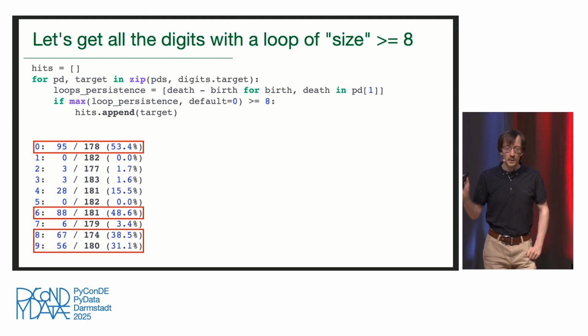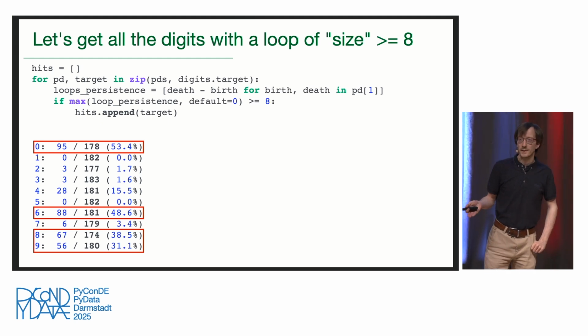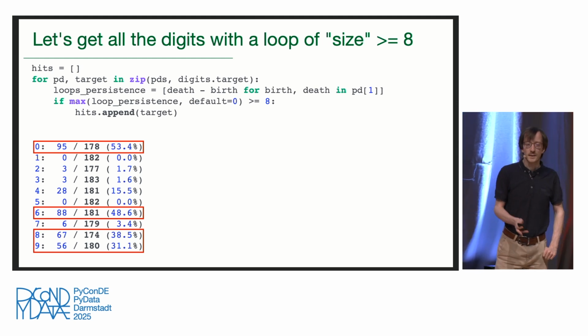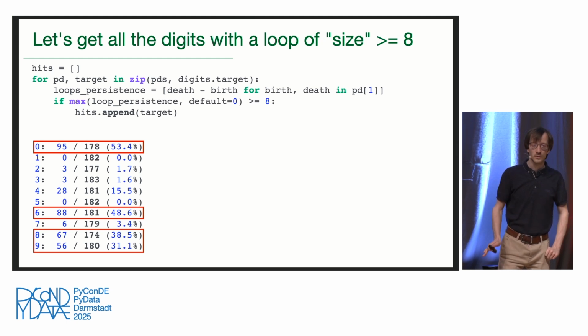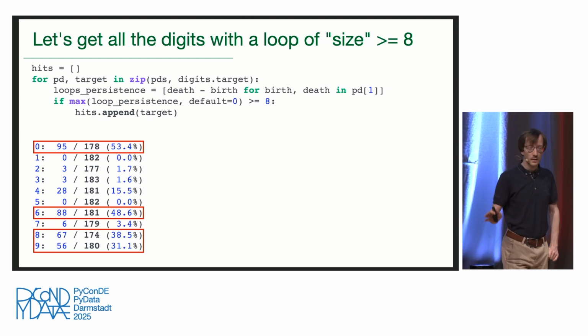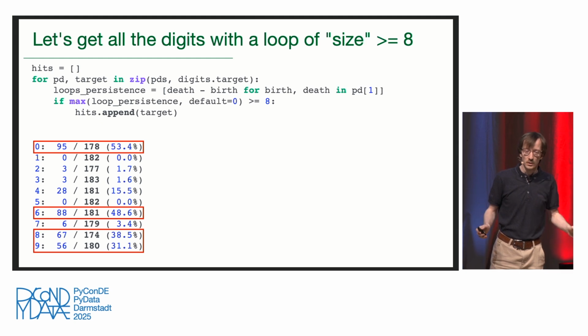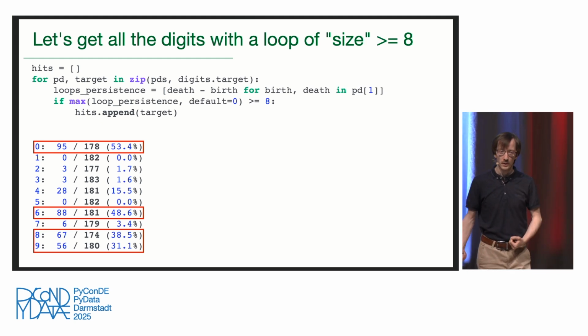And again, I'm not saying that you should use this analysis to classify digits, right? That's silly. What I'm saying is that this is something where I didn't do any sort of training. I just summarized the spatial distribution of the images, and I got some information from it, right?